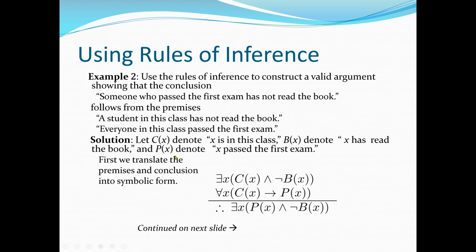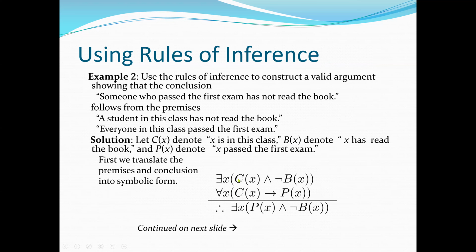So let C(x) denote x is in the class, B(x) denote x has read the book, and P(x) denote x passed the first exam. So we can see that some x, not everybody, some x are in the class.